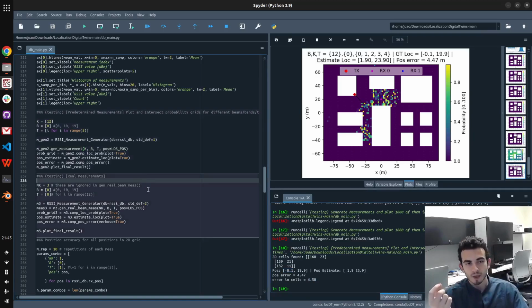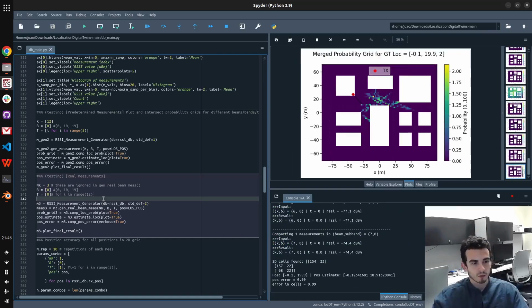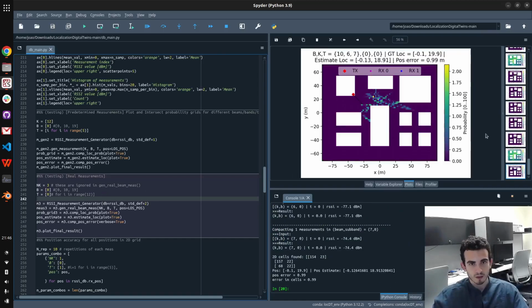Now what we do in the paper is not telling a certain beam. We say perform the measurements in the beams you receive the best, and here we change that to NK, and in this case this was also very low standard deviation, so now we are using a more normal one. But by performing measurements in a certain 3 beams NK, just one measurement, we usually get better results.